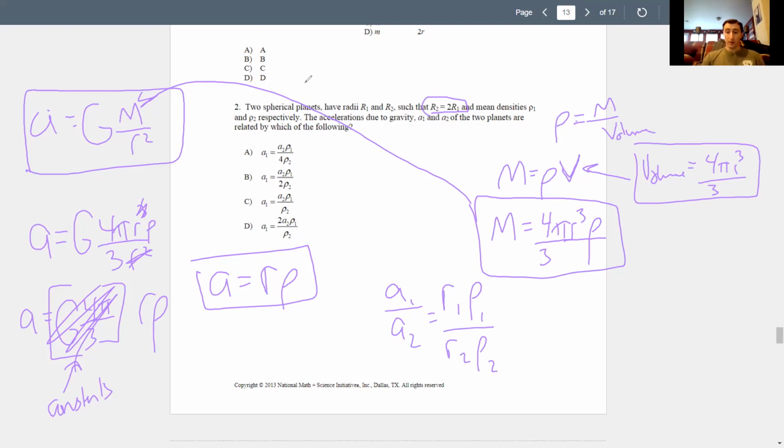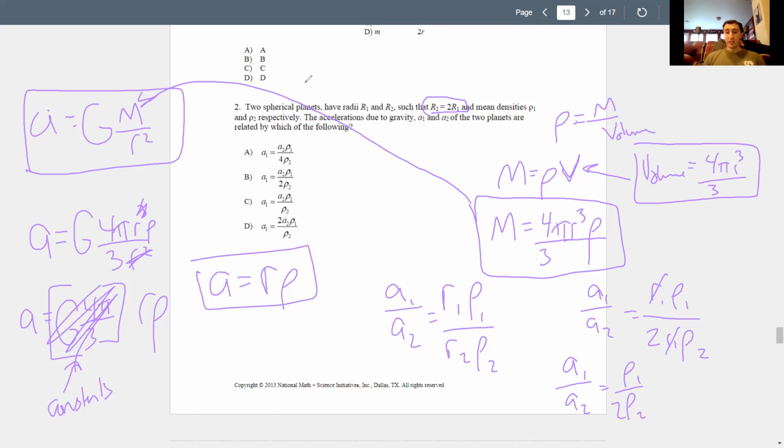So what I can do is plug in even more. A1 over A2 equals R1 rho 1 over R2 rho 2, and R2 is equal to 2 R1. So what I get here is the R's cancel out, and I'm left with A1 over A2 equals rho 1 over rho 2 with a 2 down there.